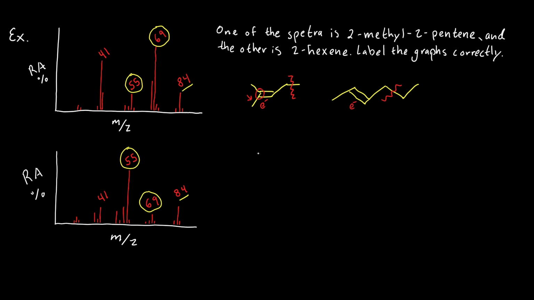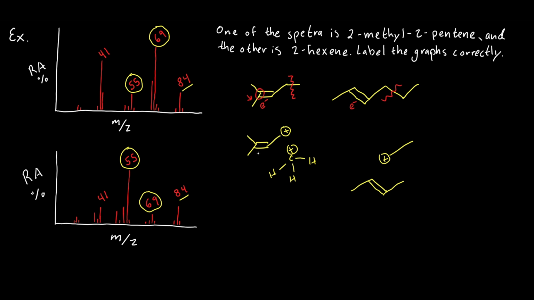So for 2-methyl-2-pentene, after we break off that methyl group, we will be left with a positively charged group here, along with our methyl. And then for our hexene, we'll be left with a positively charged ethyl group as well as our alkene.